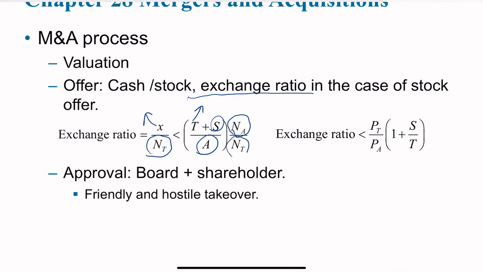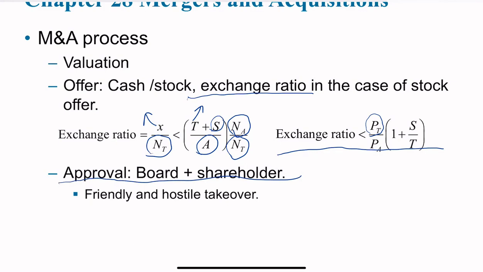And then NT is the number of shares for the pre-merger target firm. Alternatively, we could use this formula. So here, PT is the pre-merger share price of the target firm, and PA is the pre-merger share price of the acquiring firm.